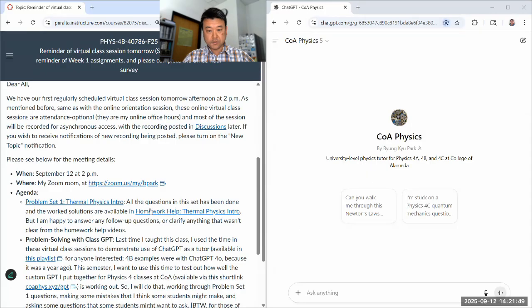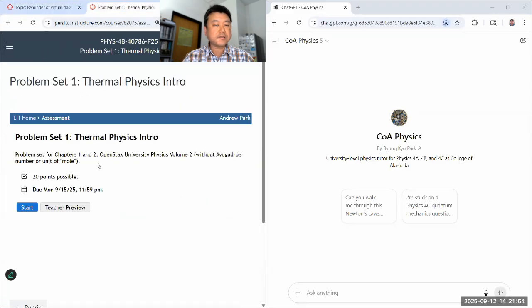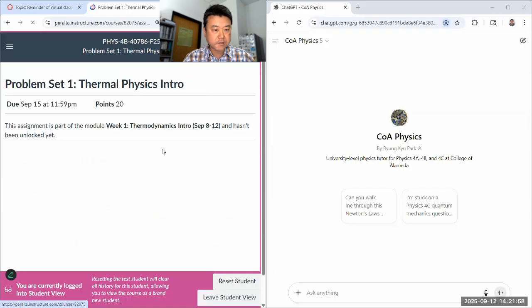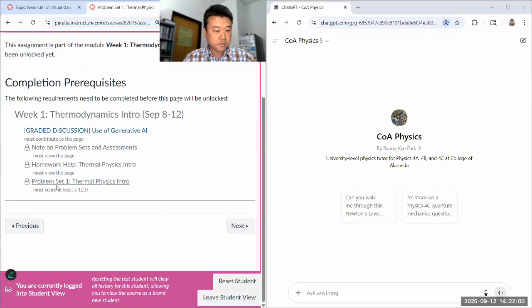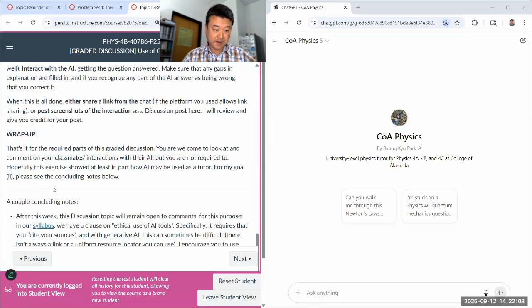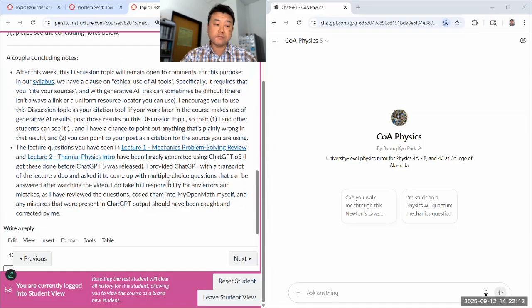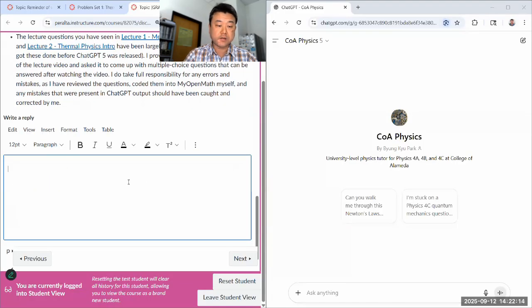So I have CoA Physics GPT on the right side of my screen. Let me get to this. As test student, I think I do need to clear some module items, but most of those are easy to clear. Yeah. So here, contribute requirement, that's the one requirement that I don't know how else to clear other than to do this. I have to reply. So I'm just going to say clearing module requirement for the test student.